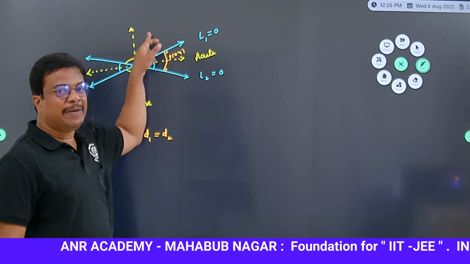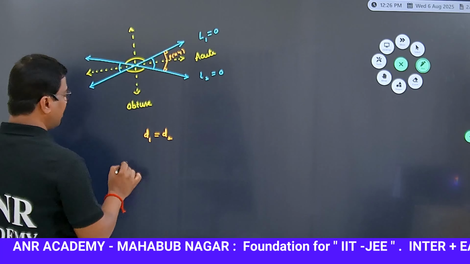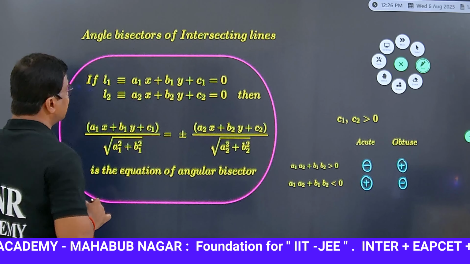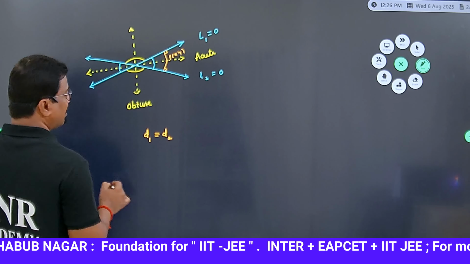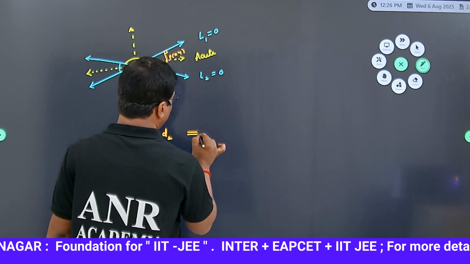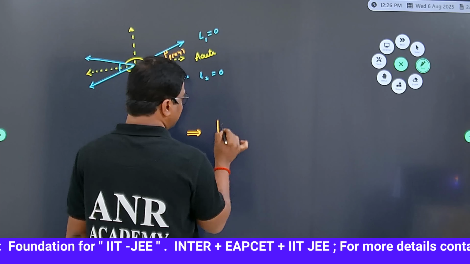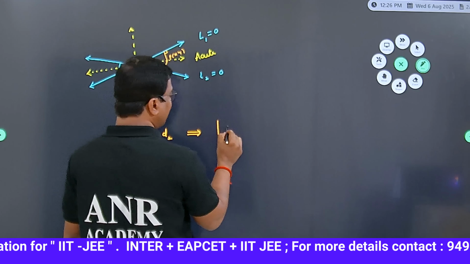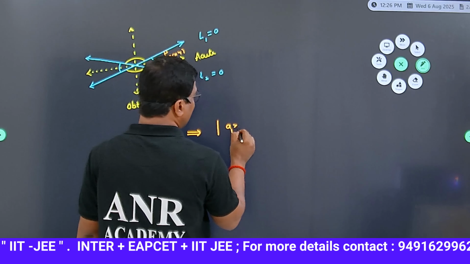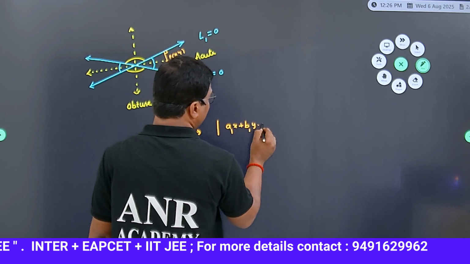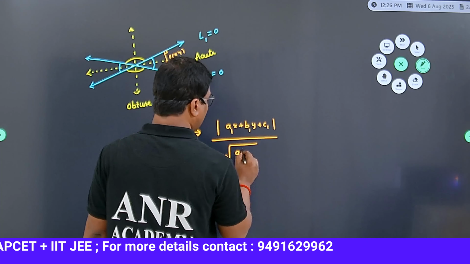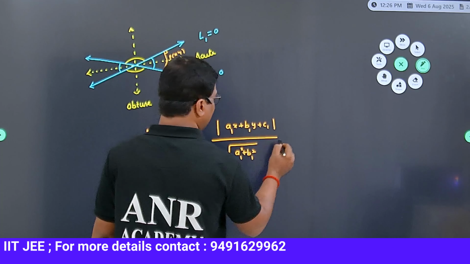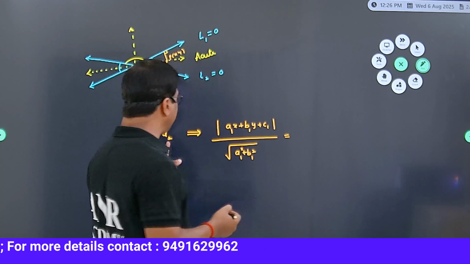Distance from point P to L1, the first line, you know that the first line is A1x plus B1y plus C1 equal to 0. So D1 equal to D2 implies I can write on the left side the distance formula from point P to L1, that is A1x plus B1y plus C1 divided by root over A1 square plus B1 square, which is equal to D2.